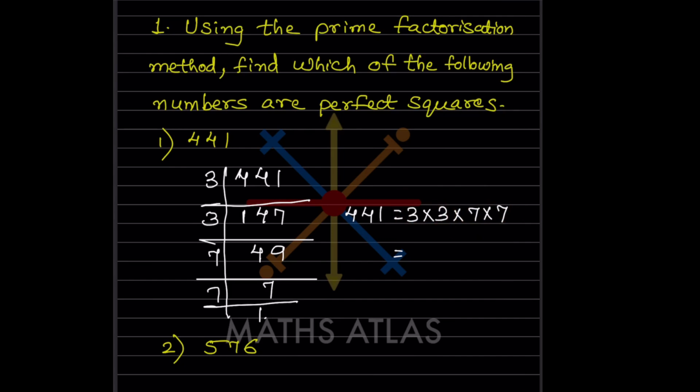So this is a perfect square, whenever the same numbers are in pairs. We can also write this as 3 squared into 7 squared, or 3 sevens are 21 squared. Therefore, 441 is a perfect square.